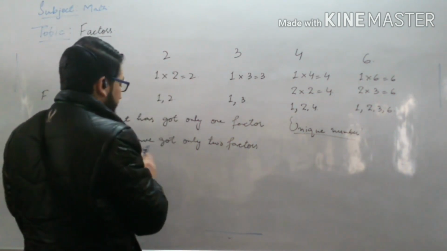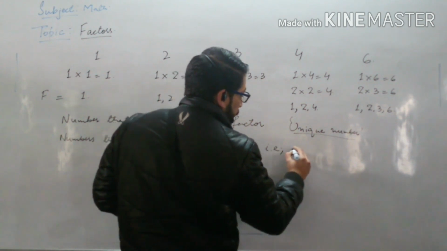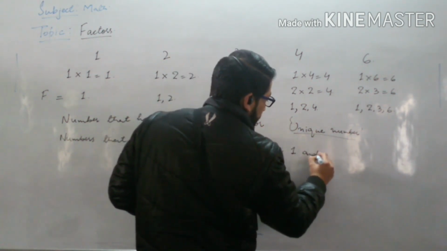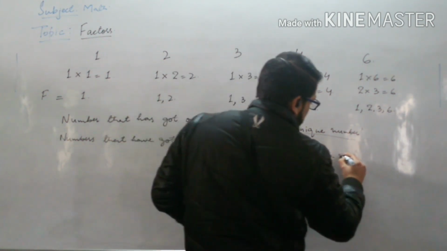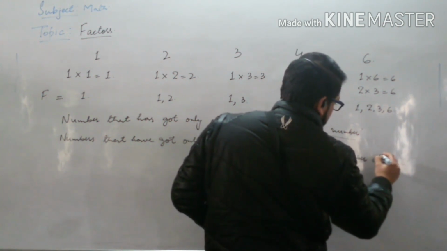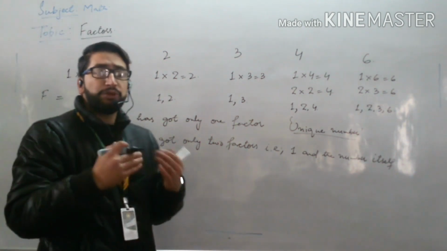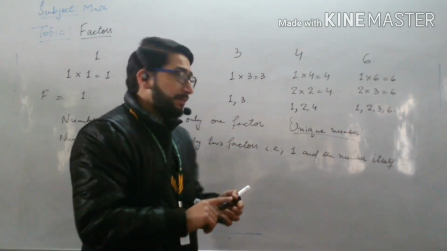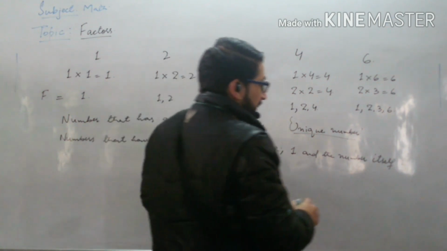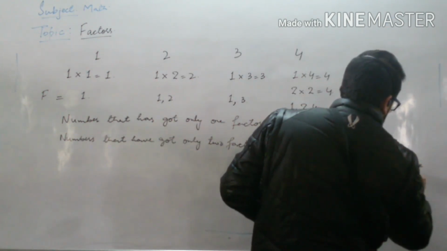So we can say that a number that has got only two factors, that is 1 and the number itself, whenever this situation arises, that number is said to be a prime number.